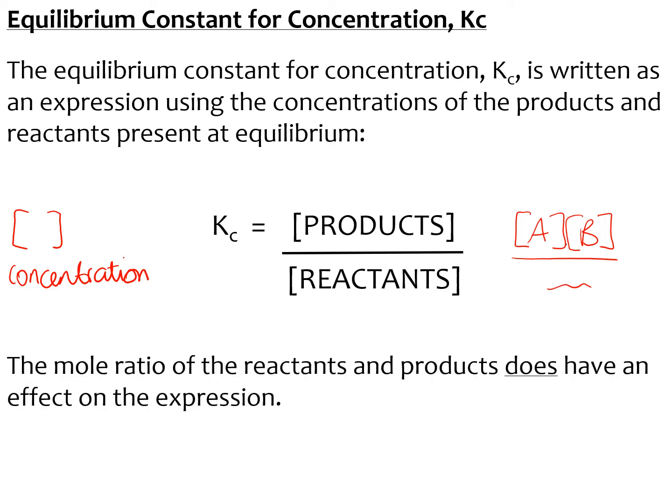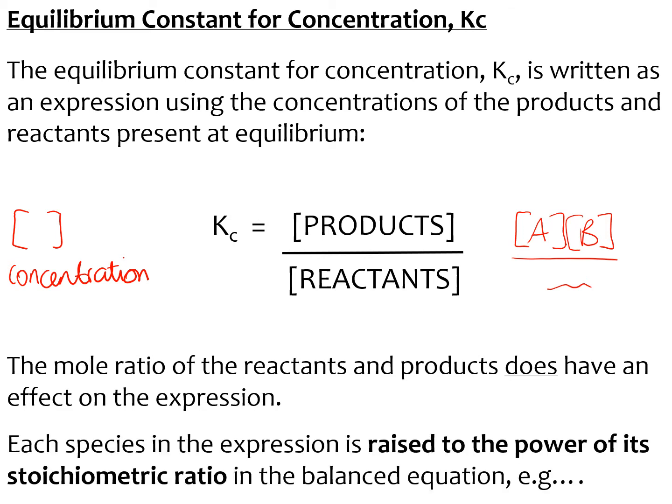Now, if we have a balanced chemical equation, the mole ratio of the reactants and products does have an effect on the expression. Each species in the expression is raised to the power of its stoichiometric ratio in the balanced equation. Now that might sound a little bit complicated, but it is fairly simple.